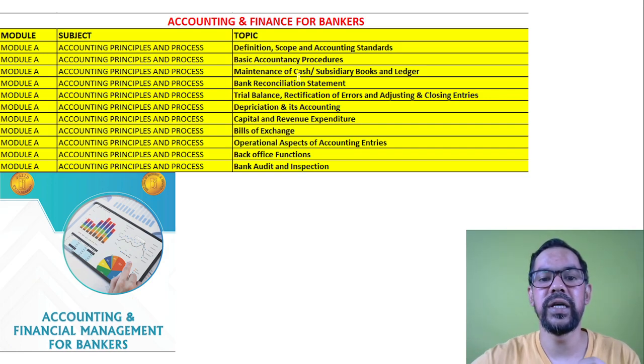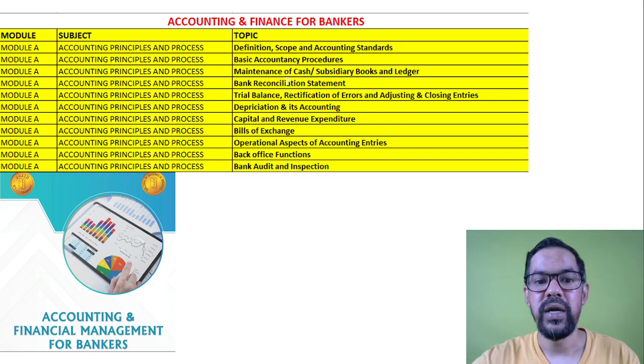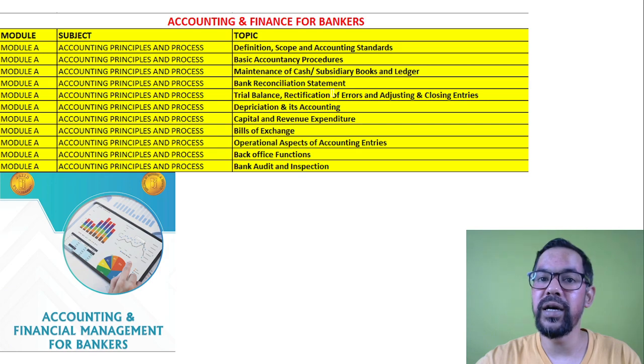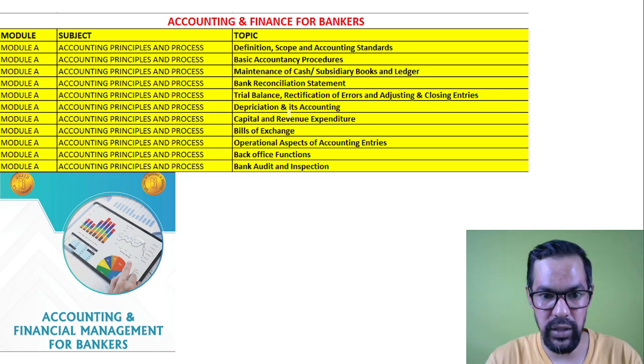Then we have basic accountancy procedures, then cash and subsidiary books or ledger. Then we have bank reconciliation statement, trial balance, rectification of errors, and depreciation and different depreciation calculation methods.